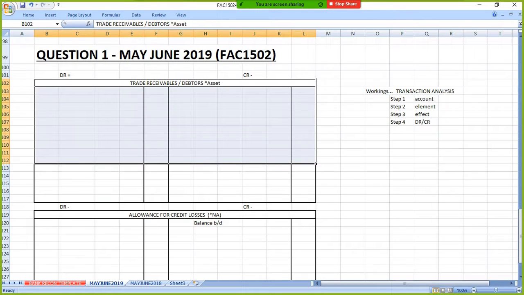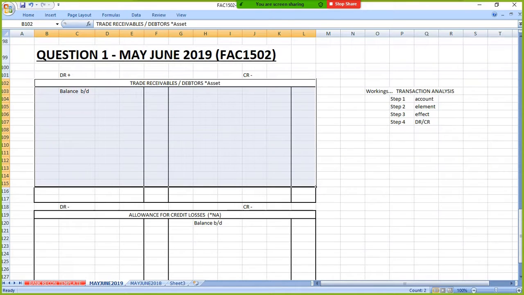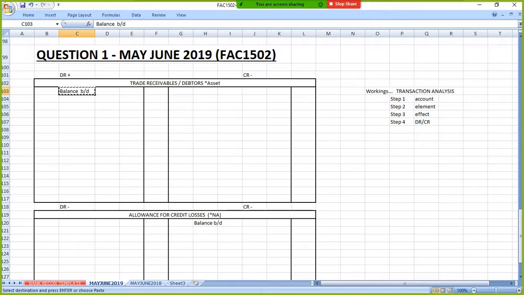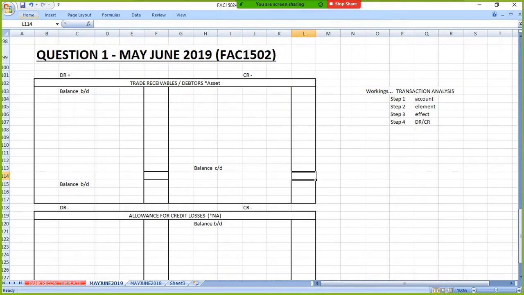Same with this one, except it's an asset, so it's not a negative asset. Balance will be on that side. Because this is trade receivables, you would expect a balance brought down on the debit side. You would expect a balance carried down on the credit side. You would expect to have 2 total columns there, 2 total amounts.